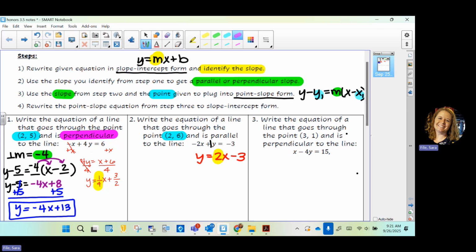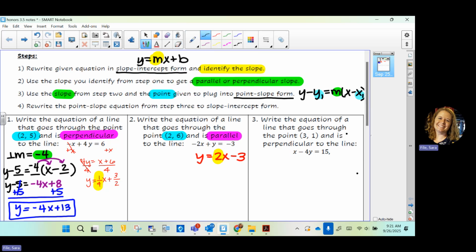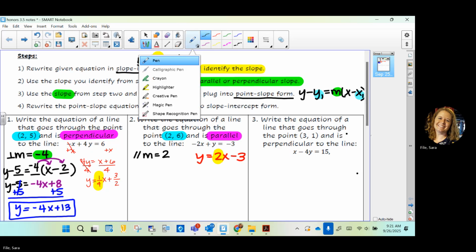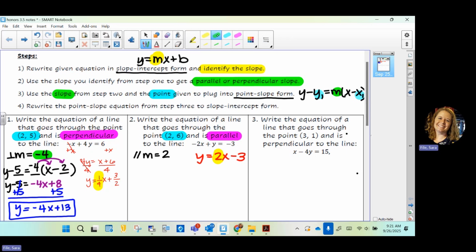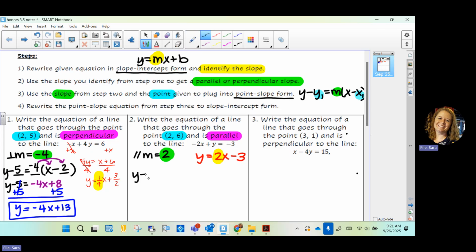All right, so here we've got my point that I want to go through is 2, 6. This time they want a parallel line. So parallel means what? Same slope. So the slope that I'm going to use is going to be 2. So now I've got my slope and my point to plug in. So y minus y1 equals m times x minus x1. So the slope is 2, and the point, the 6 is the y, and the 2 is the x.